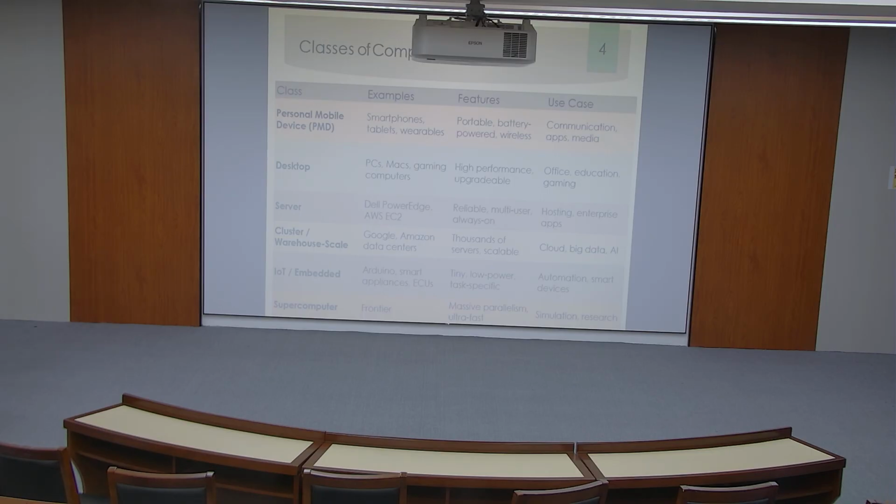After that, we have warehouse computers or clusters. These are an important class of computer that can help, for example, to store data in data centers. As we know nowadays, because of the advancement in technology, whenever we go out, we tend to generate data, we tend to take pictures, we tend to save our important moments.